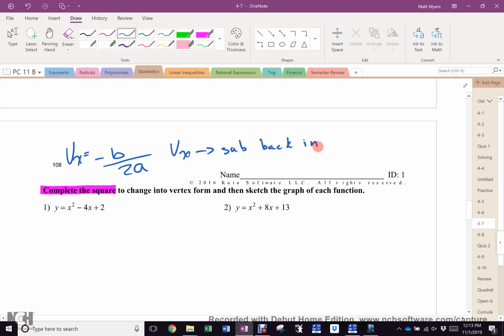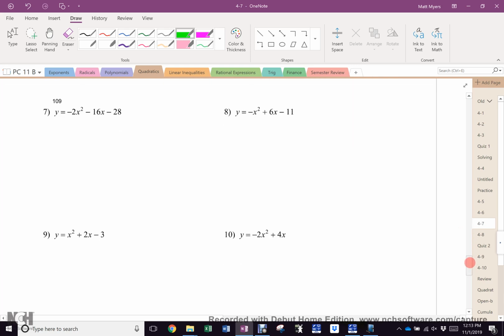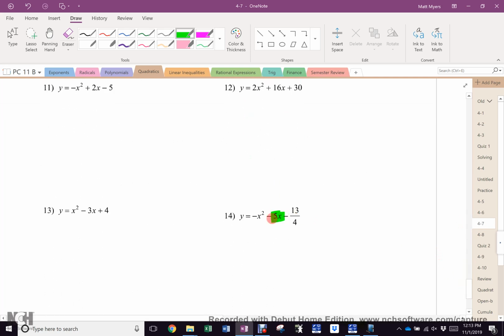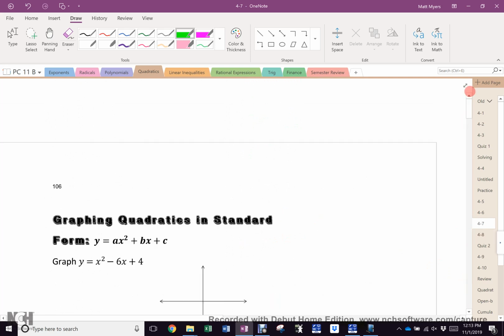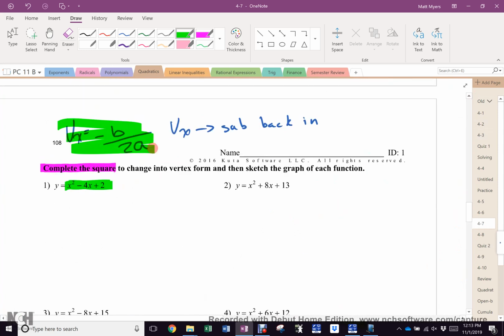So maybe if it's a real easy one, you just want to complete the square. But maybe if it's a little barfy, with no B or no C, maybe you want to work with that. Who makes the choice? You do.